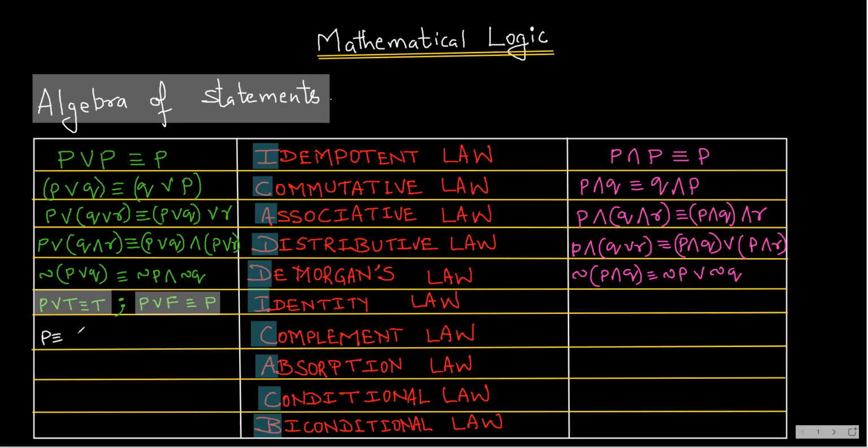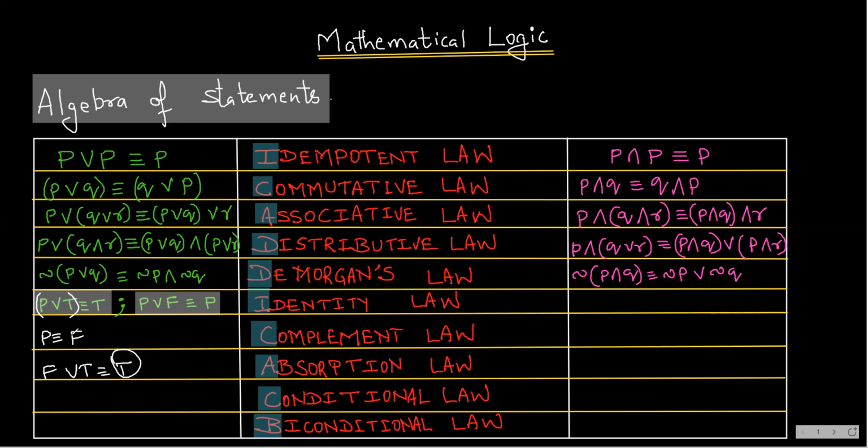So if P is false, the left hand side will become false or true. What is false or true? It is the same as true. So P is false, but you are getting the truth value as true.